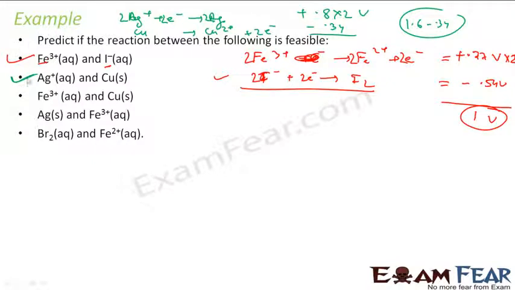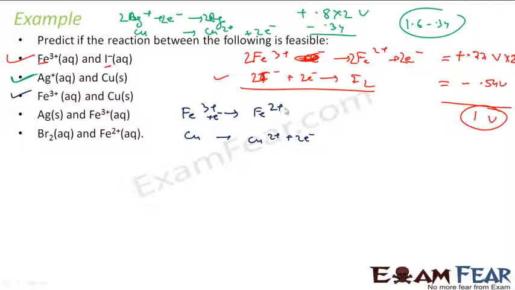Let's take the third one. It is Fe3+ and Cu. Fe3+ will become Fe2+ by taking 1 electron. Similarly Cu will become Cu2+ and give 2 electrons.